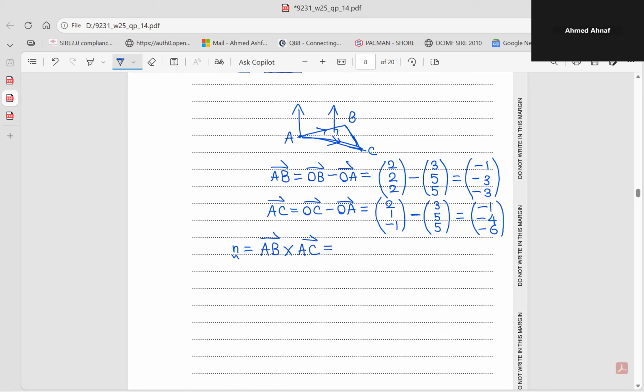Once you got the order right, now you can do it in determinant form. So write down your i, j, k first and put the i, j, k components for AB first. So -1, -3, -3, and do the same for AC. So the i component for AC is -1, for j it is -4, for k it is -6.